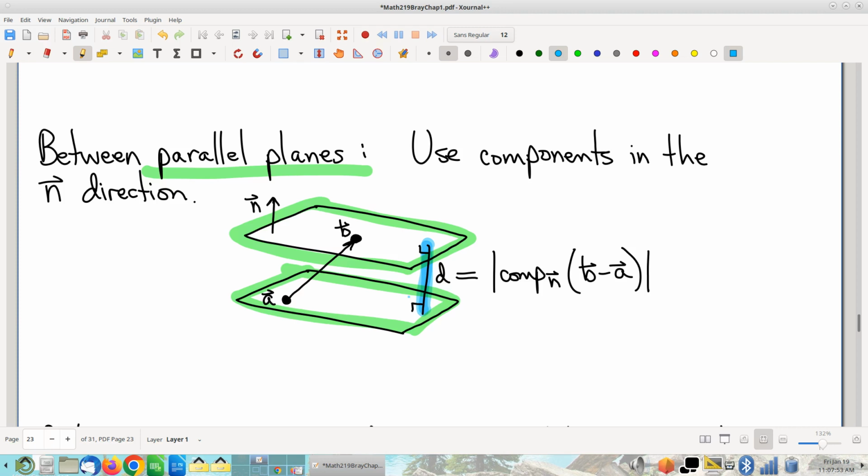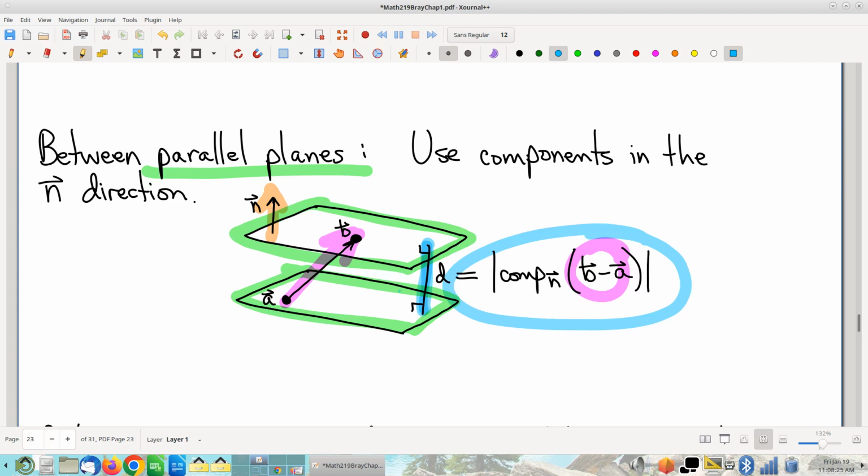So the neat observation to make here is that you can just pick any point in each plane and subtract. Realize that, by knowing the equations of the planes, you already have a normal vector to the planes. And then check it out. The distance that you want just happens to be, I'm going to loosely say, the component. It's how much that purple vector points in the orange direction.